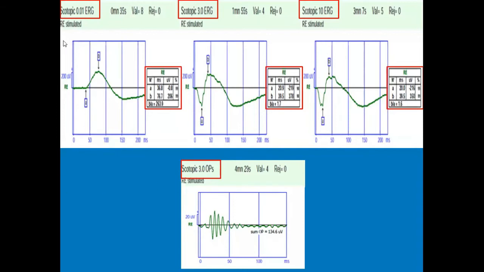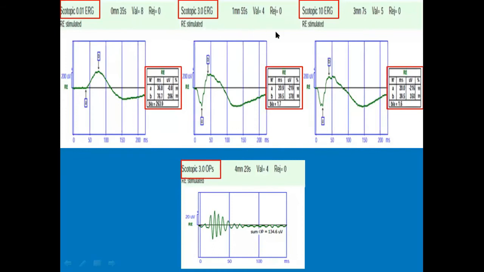The important points here are scotopic 0.01, scotopic 3.0, and scotopic 10.0. These are all protocol names during a phase. One should understand what these mean. First, the intensity of light is very minimal. Then we moderately intensify the light, and here we have intensified the light almost more than double or triple that of the 3.0 ERG.